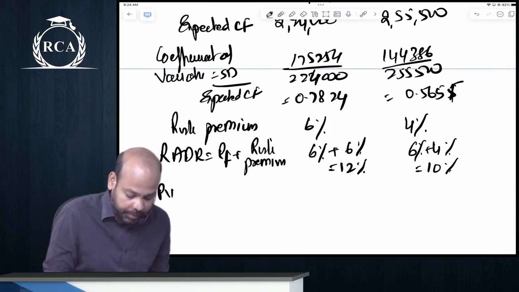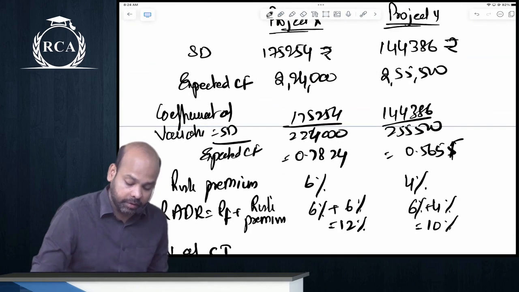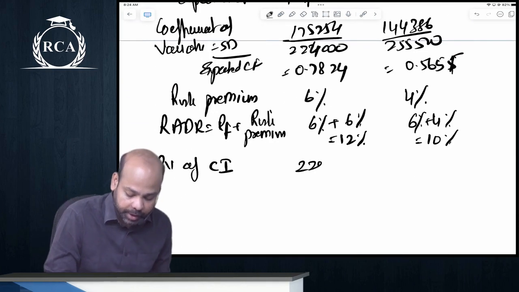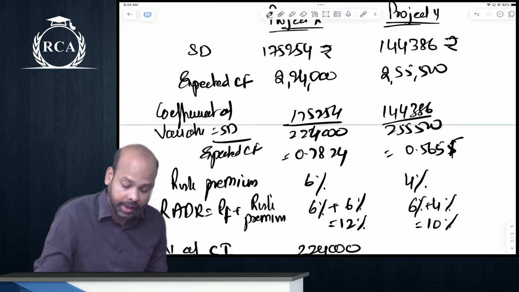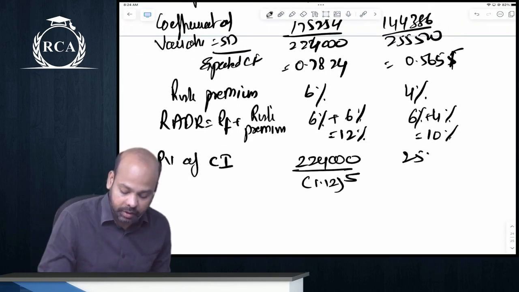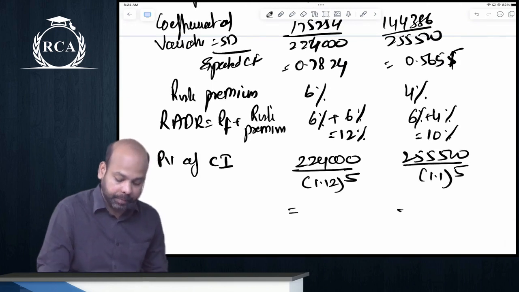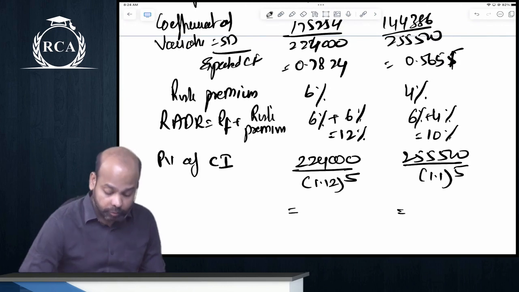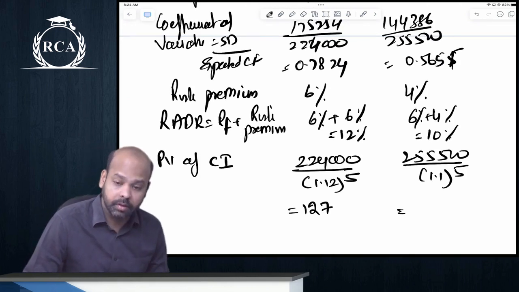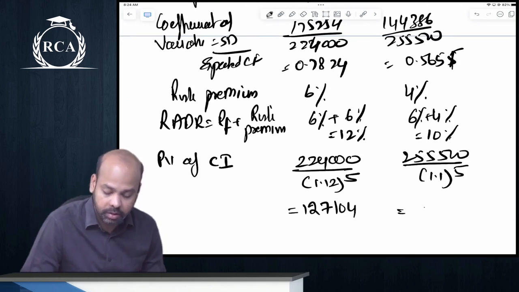Now guys, what will be the present value of cash inflow guys? Remember we are receiving only one cash flow beta, so 2,24,000 divided by 1.12 whole power 5, and 2,55,500 divided by 1.1 whole power 5. 1,27,104 for the first, and for the second 1,58,646.